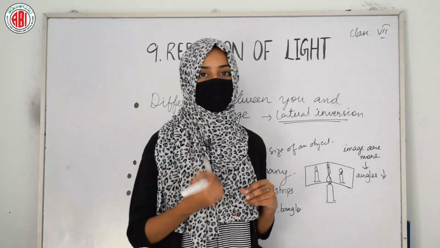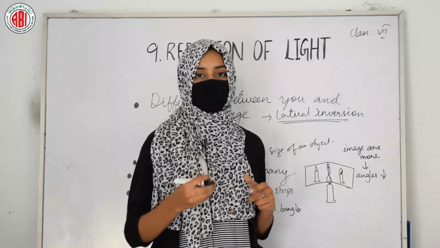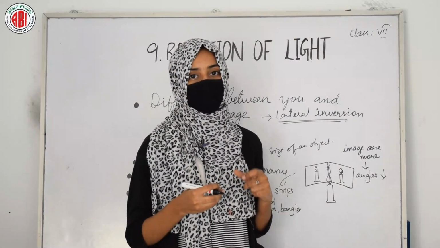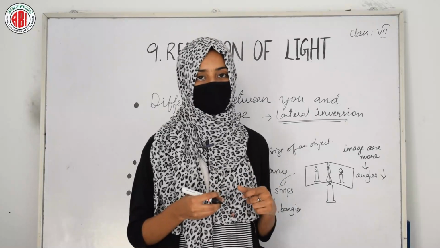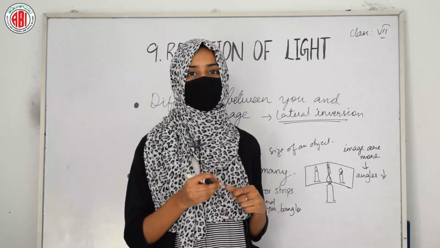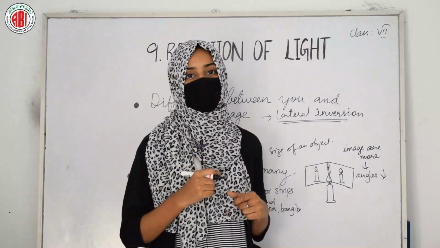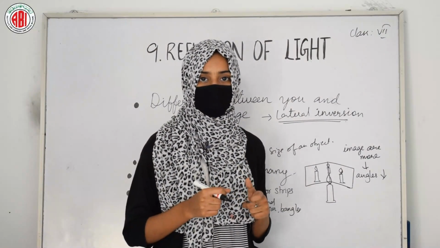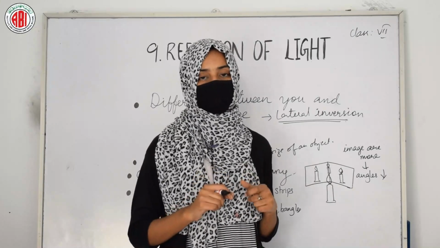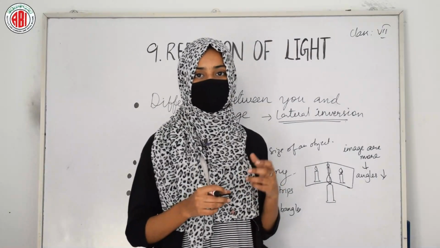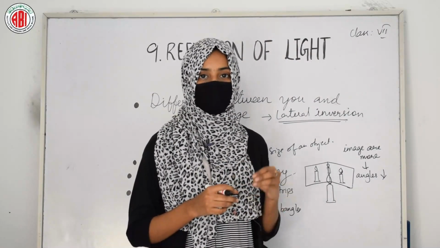Before closing the other end with the cardboard, place a few small pieces of colored bangles inside the triangular tube. After placing the colored small pieces of bangles inside the tube, bind the cardboard piece at the other end of the triangular tube and make a hole on it so that through this hole we can see the inside view.